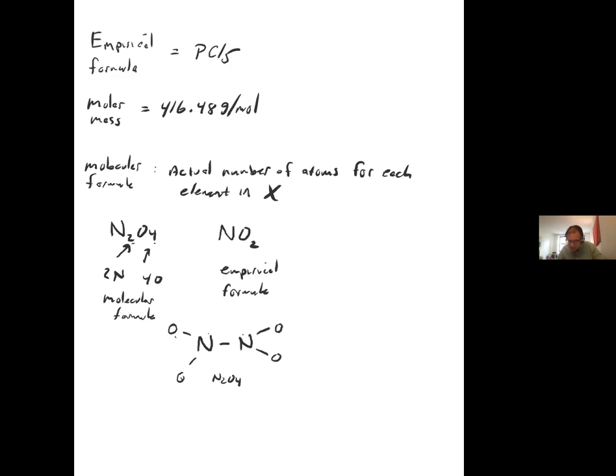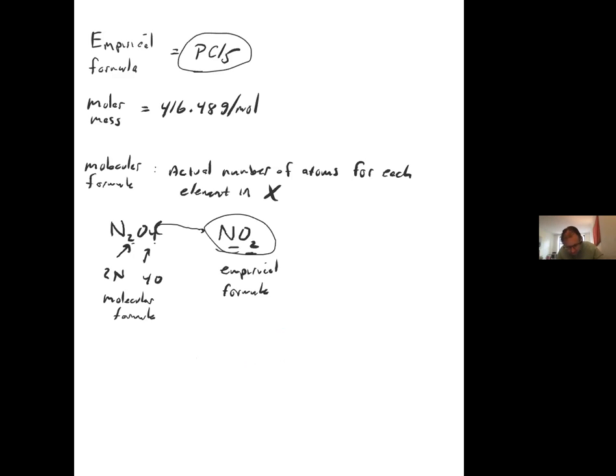The empirical formula just says, look, how many oxygens are there for every 1 nitrogen? Well, if you have 4 oxygens and 2 nitrogens, it's a 1 to 2 ratio. 2 to 4 is the same as 1 to 2, okay? So now we've got this, we know it's NO2, in this case it's PCl5. Now we want to figure out what the molecular formula is. And here's how you go about it. Let me just show you here. It's very simple.